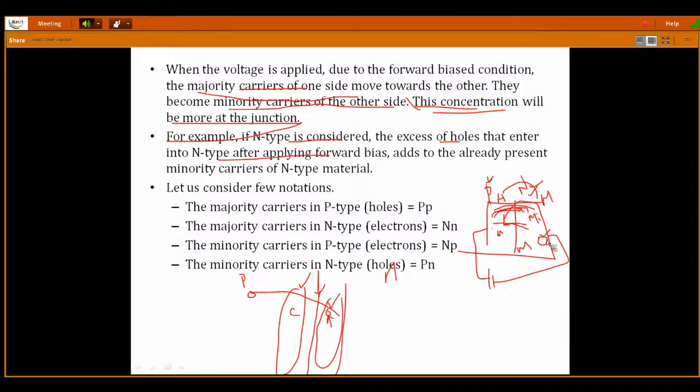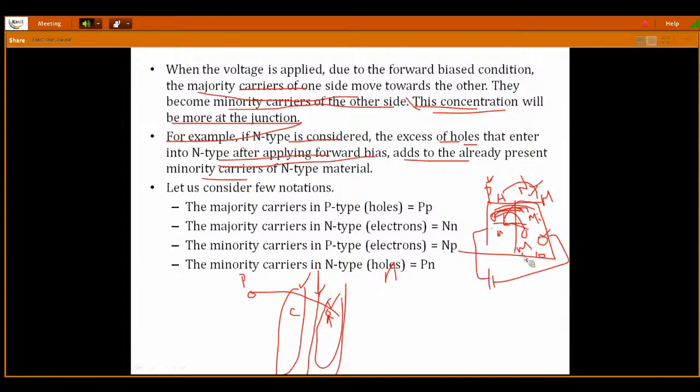Along with these holes, now the majority charge carrier holes from the P region will enter and also become minority charge carriers. That's why, if you consider the N-type material, the excess of holes that enter into the N-type after applying the forward bias will add to the already present minority carriers. For example, here 10 minority carriers are there before forward bias.